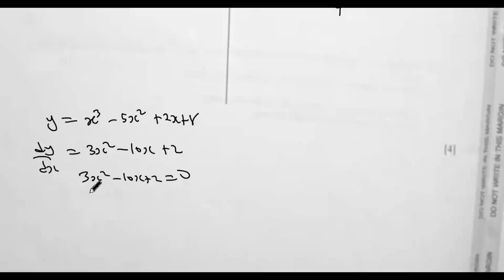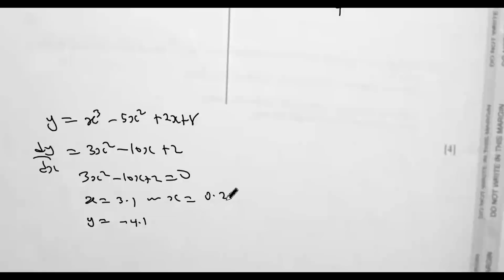If you solve this, you get the values of x to be 3.1 or x equals 0.2. Now you need to substitute each of these values into y. When x equals 3.1, if you substitute, you get y equals -4.1.